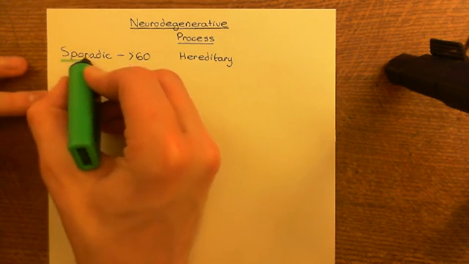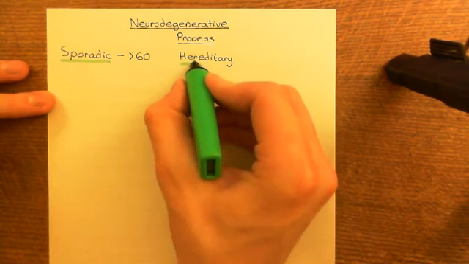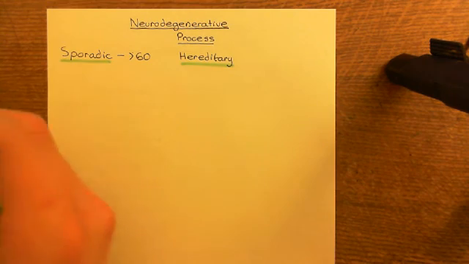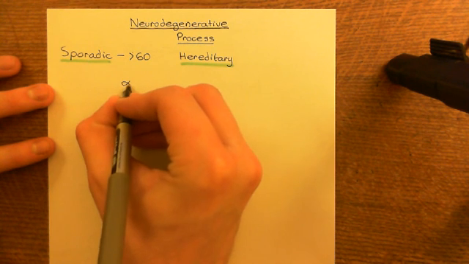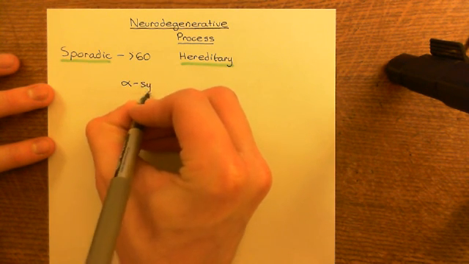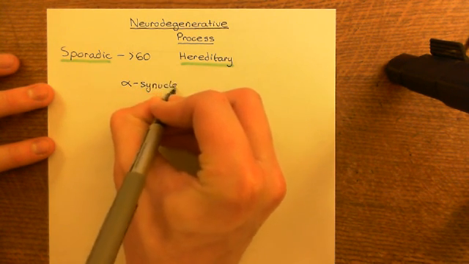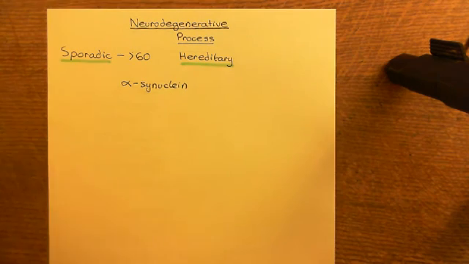But what's nice about the two forms of Parkinson's disease, the sporadic and hereditary forms, is that both seem to involve the same pathological process which is causing the neurodegeneration. And this pathological process is going to involve the protein alpha-synuclein. Okay, right. Now, I'm going to call it there for this video, and we'll continue this discussion in the next video.